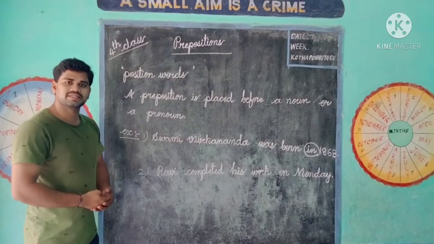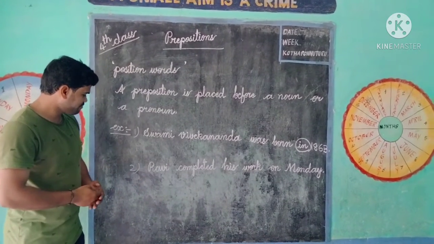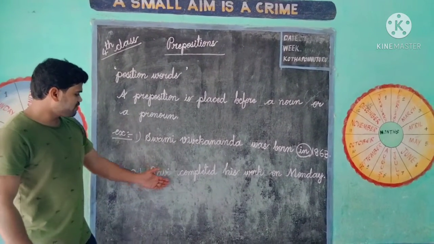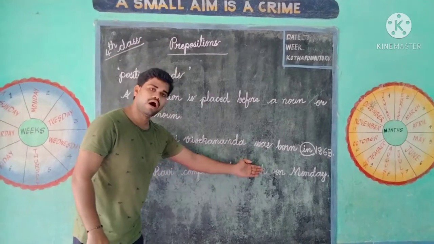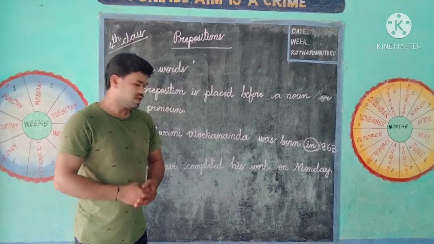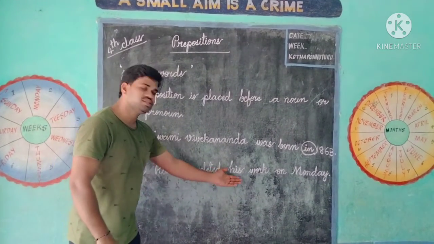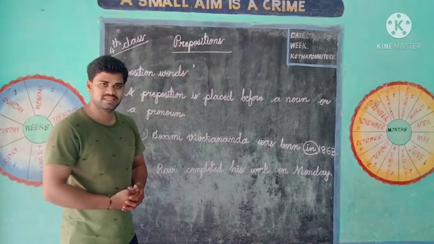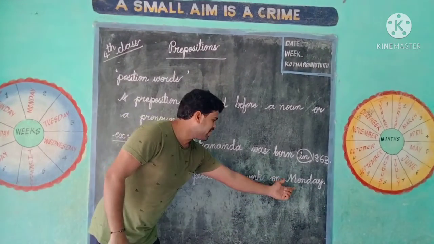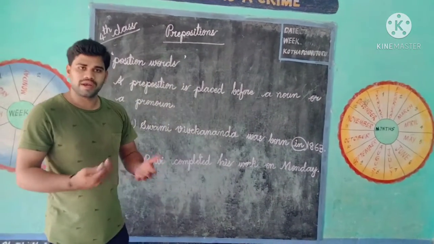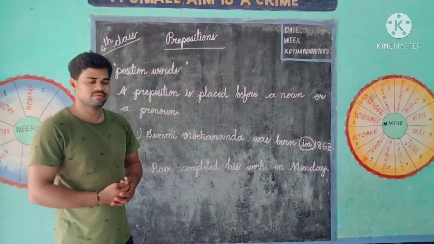Let's see the second sentence. Let's read that: Ravi completed his work on Monday. Here, Ravi completed his work is a meaningful phrase. And Monday is the name of the day. It's a noun.